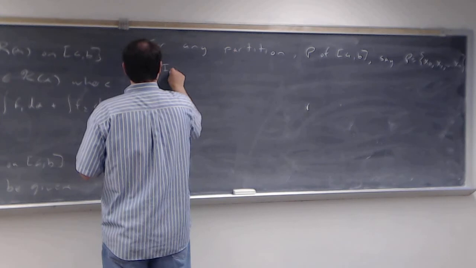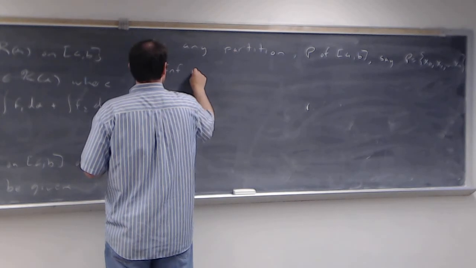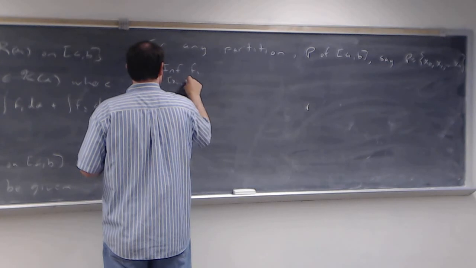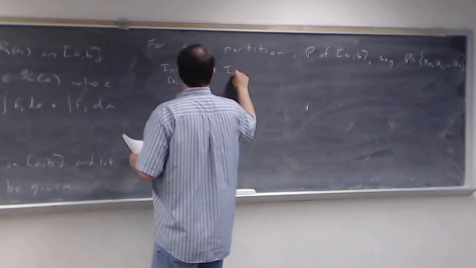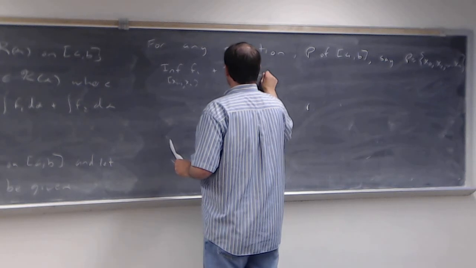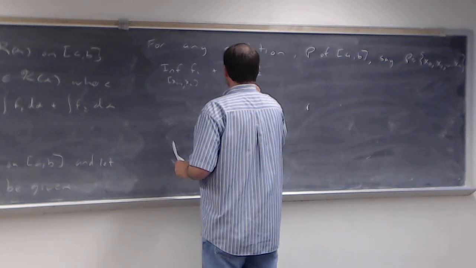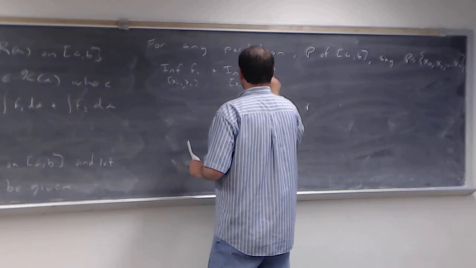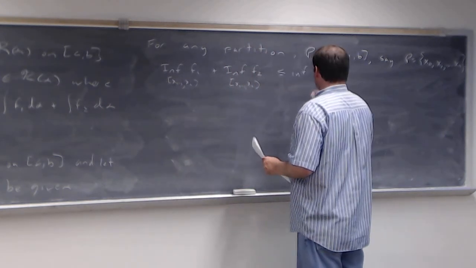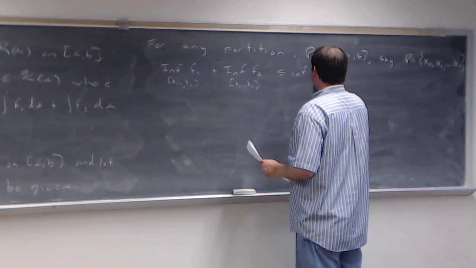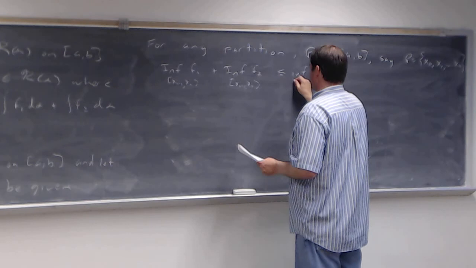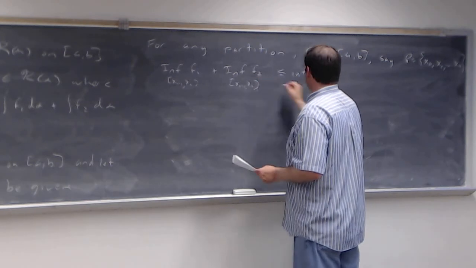Then the minimum of f sub 1 over some of these subintervals, x sub i minus 1 up to x sub i, plus the minimum of f sub 2 over these subintervals will be less than or equal to the minimum of their sum, which is just f of x over these subintervals.